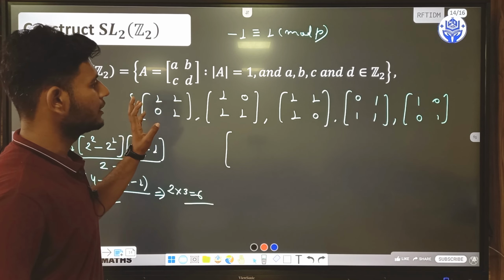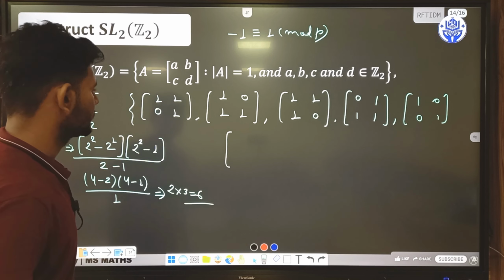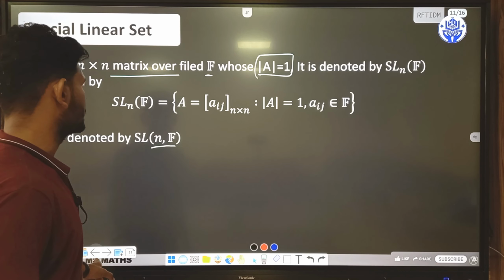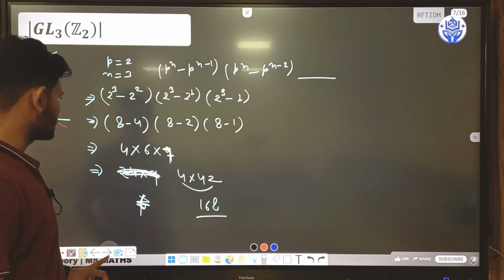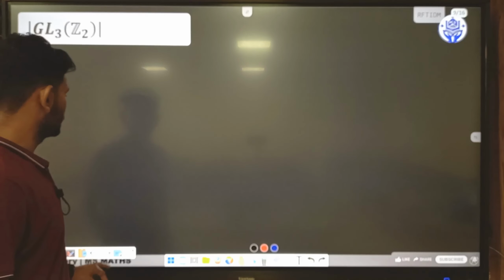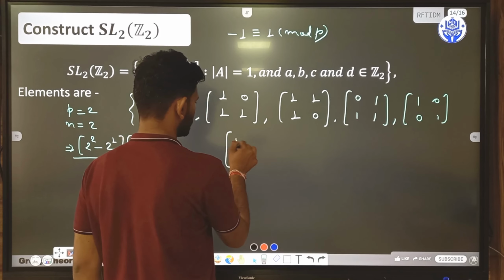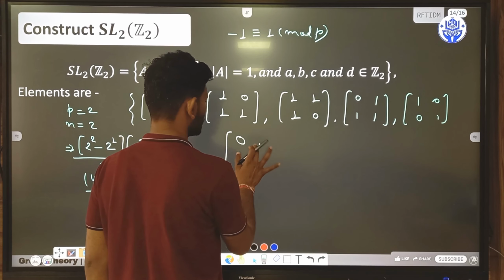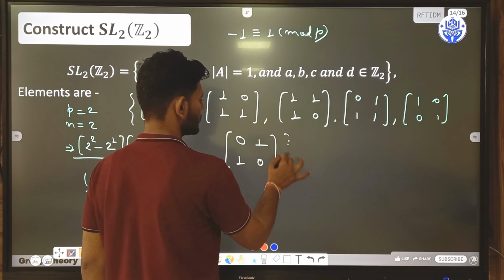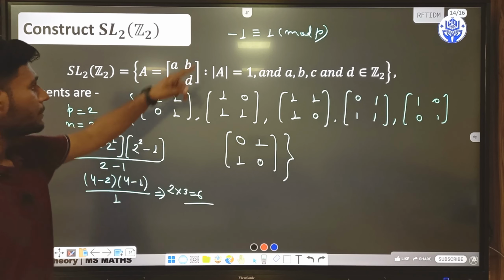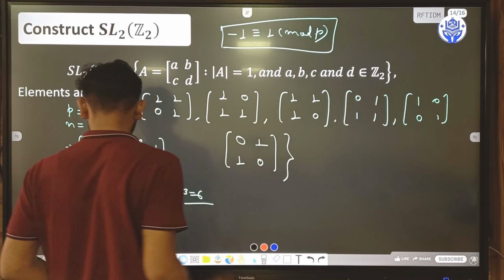And if I take the opposite diagonal like this, the same entries will be here in the special linear group. So [0,1;1,0] is also an entry of this. So 3 plus 3, the 6 elements are there. Keep this property in your mind so you do not get confused here.